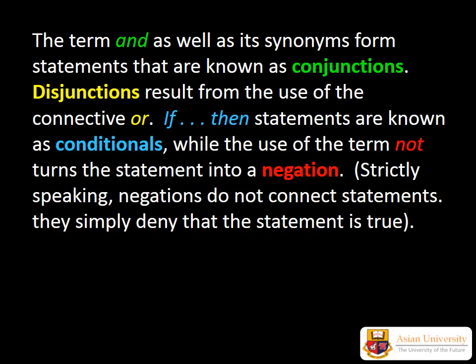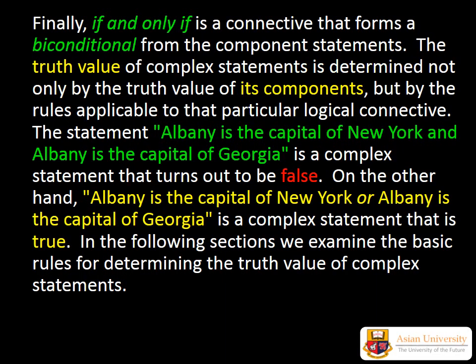The term "and" as well as its synonyms form statements that are known as conjunctions. Disjunctions result from the use of the connective or. If-then statements are known as conditionals, while the use of the term "not" turns the statement into a negation. Strictly speaking, negations do not connect statements, they simply deny that the statement is true. Finally, if and only if is a connective that forms a biconditional from the component statements.